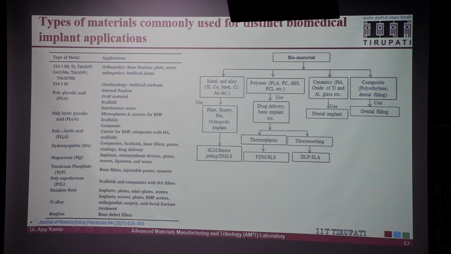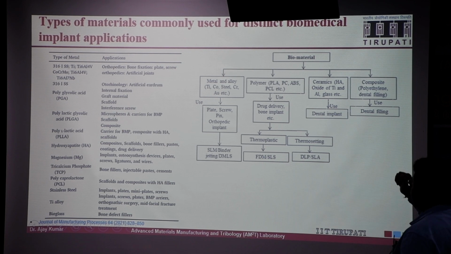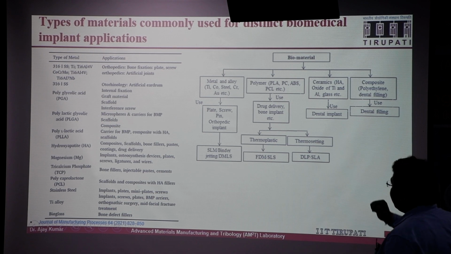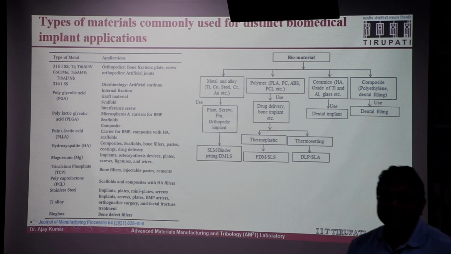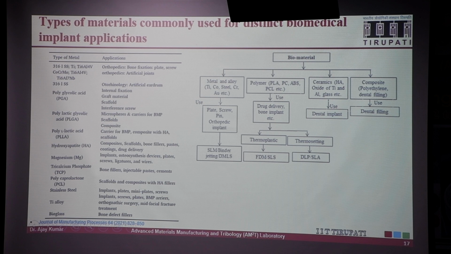And then what are the uses of these individual materials? For example, take metal alloy. You have titanium that can be used for plate, screw, pin, and orthopedic implant. Polymer can be used for drug delivery and bone implant. Ceramics we generally use for dental implants, so dental hospital sort of applications. Composite for dental filling.